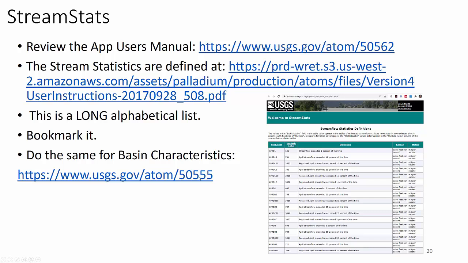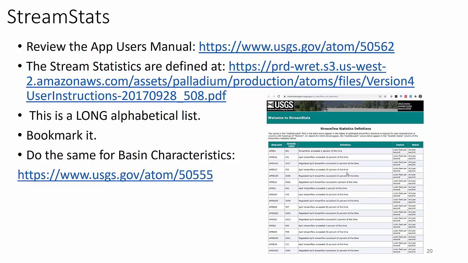So review the user's manual. The user's manual is available. The user's manual is basically how to click and poke and prod around the program. The statistics are defined. That is all the names of all the things it reports. You don't know what APR D15 is? Well, it's the April exceedance flow 15% of the time. And this is the way you find it.